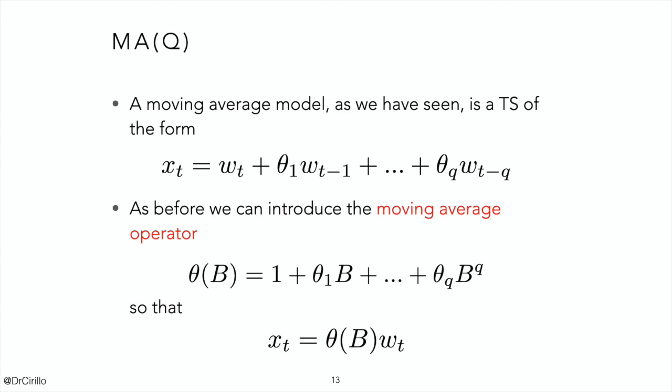Now, as we did for the autoregressive models, we can introduce the quantity theta of B, which is again 1 plus theta 1 B plus and so on until we reach theta q B to the power of q. And we have that in the moving average of order q, we can write that xt is equal to theta of B Wt.